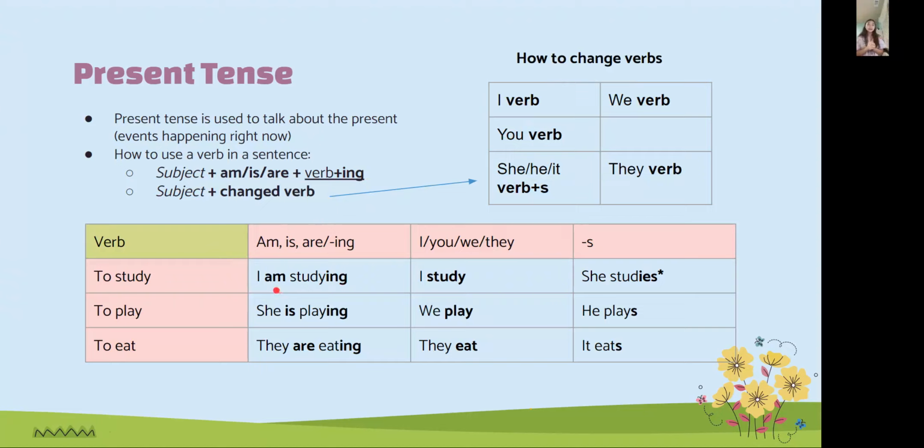We used our verb study to turn it into I am studying. The other forms that we see are I study and she studies. You can see that we added an S. That is the same thing that happens in the next 2 rows with she is playing, we play, and he plays. Don't forget the S. And at the bottom we see they are eating, they eat, and it eats.